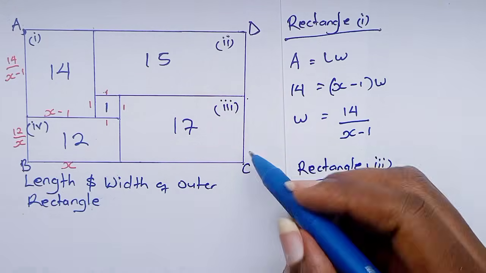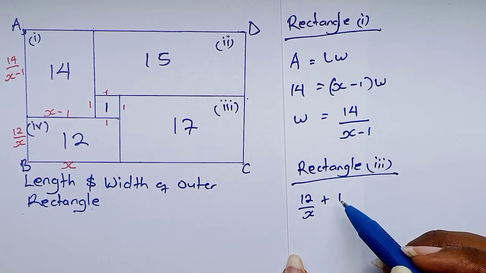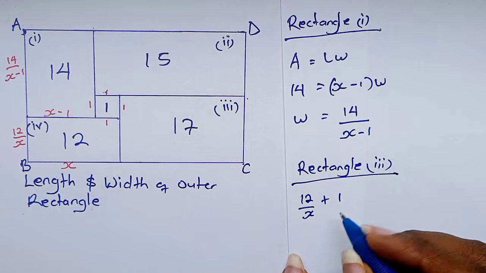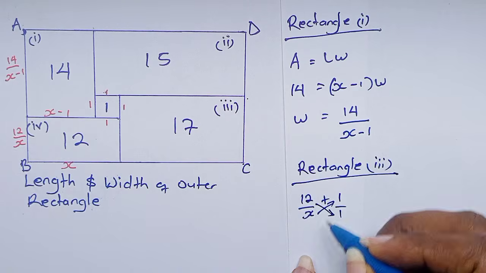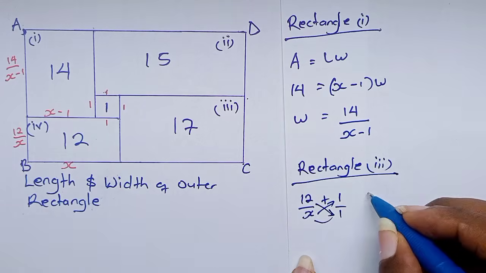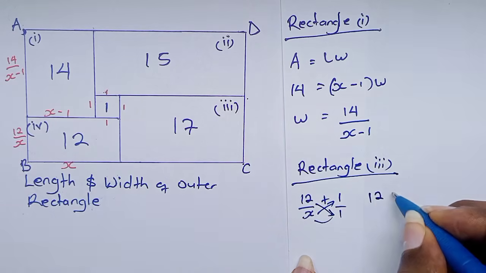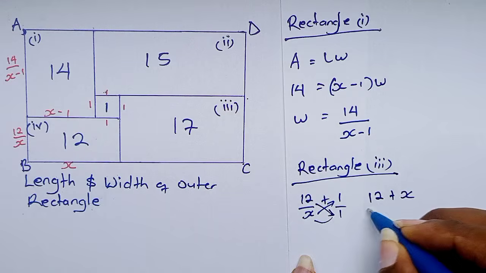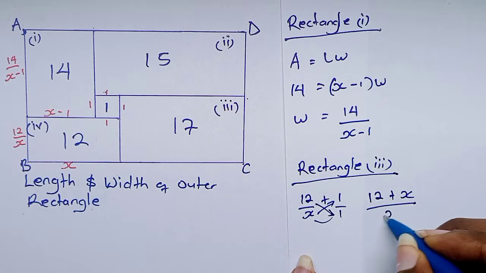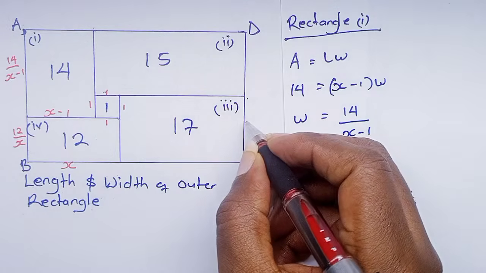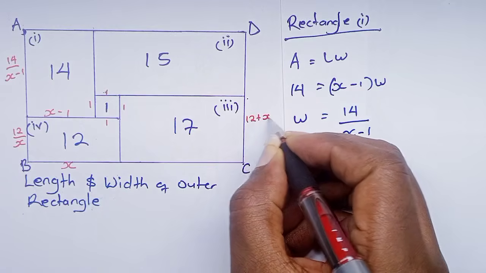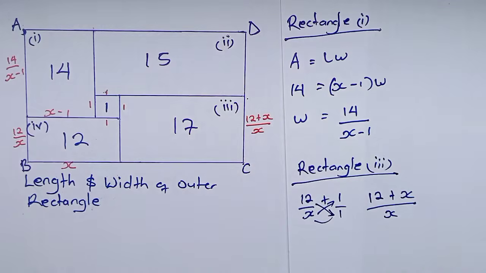But let's simplify it using the crisscross method. 12 times 1 is 12, plus x times 1 is x, over x times 1, which is x. So we have 12 plus x over x as the width of this rectangle 3.